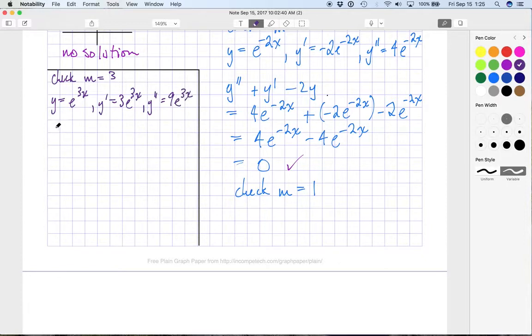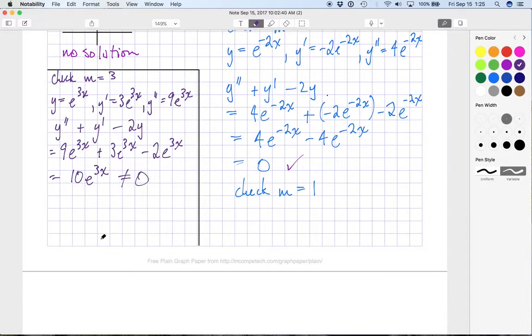Well, now if we examine y double prime plus y prime minus 2y, what do we get? We get 9e to the 3x plus 3e to the 3x minus 2e to the 3x, which nets out to be 10e to the 3x, which clearly is non-zero.